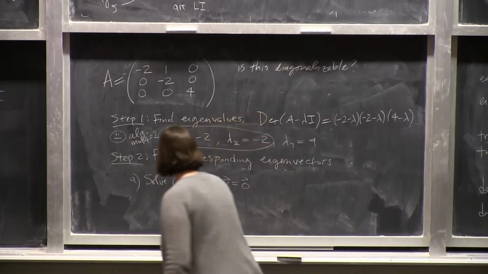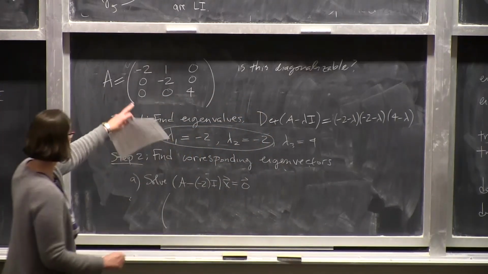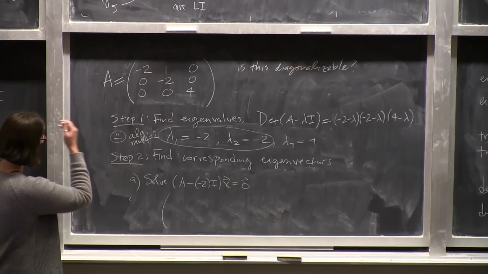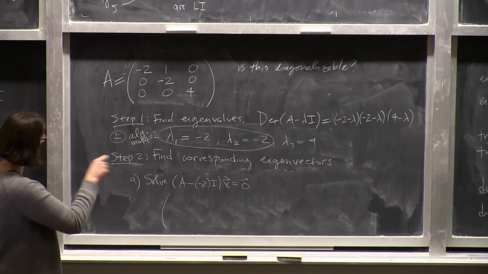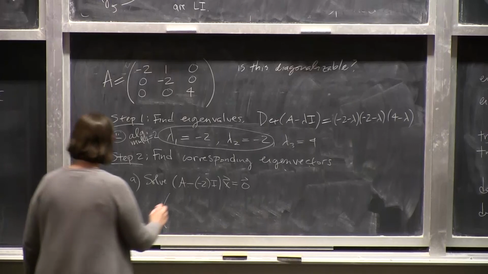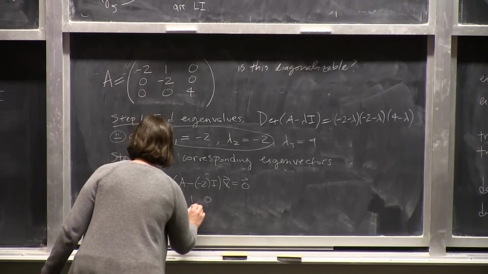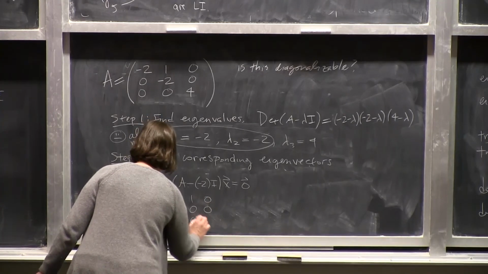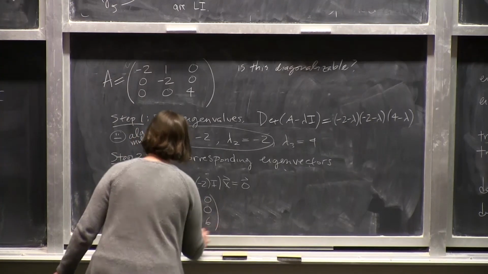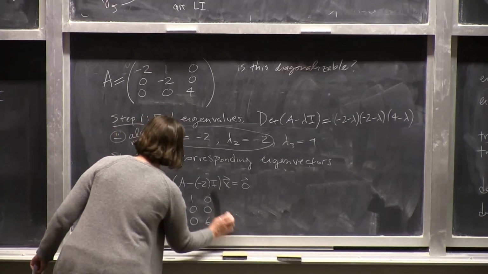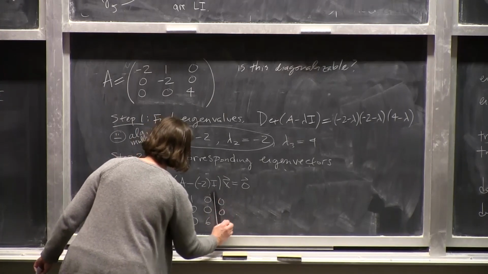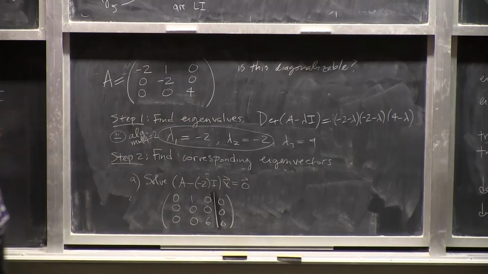So that has the augmented matrix. I'm going to subtract -2 off of the diagonal. So subtracting -2 is the same as adding 2. So I get 0, 1, 0, 0, 0, 0, 0, 0, 6. And 0, 0, 0. That's the augmented matrix.